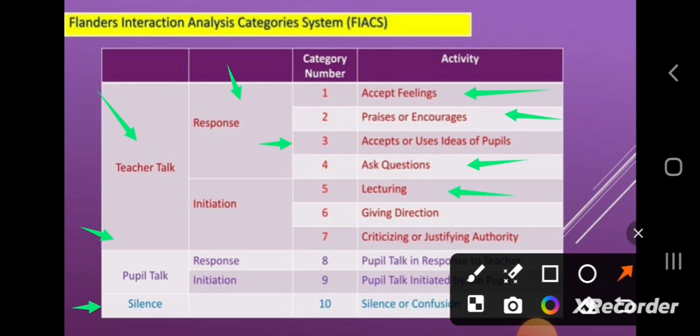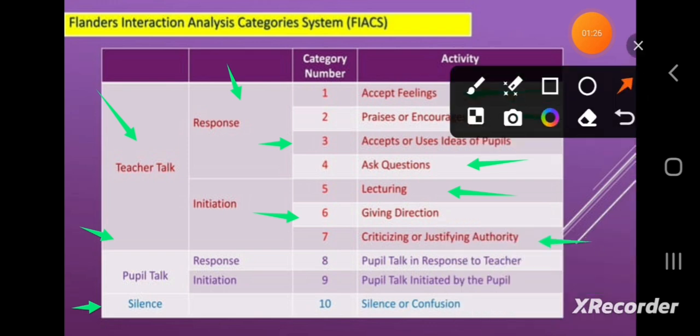The teacher provides information or explanations in a lecture format. Giving direction. The teacher gives specific instructions or directions to students. Criticizing or justifying authority. The teacher provides criticism or justifies their authority, possibly correcting student behavior or ideas.